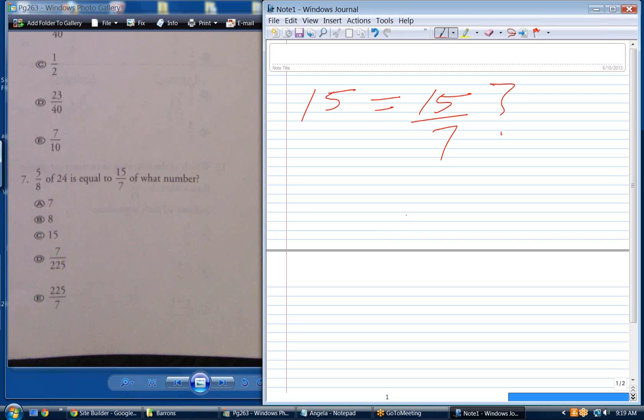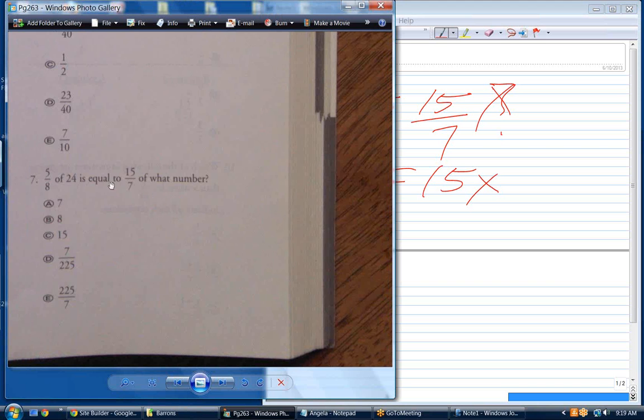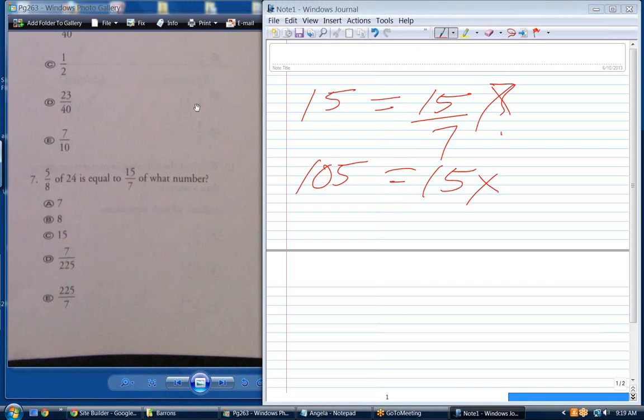Because 15/7 x. Okay. So we have 105 equals 15x. Divided by 15 equals 7. Okay, good. That's just a straight algebra simplification or algebra equation to solve.